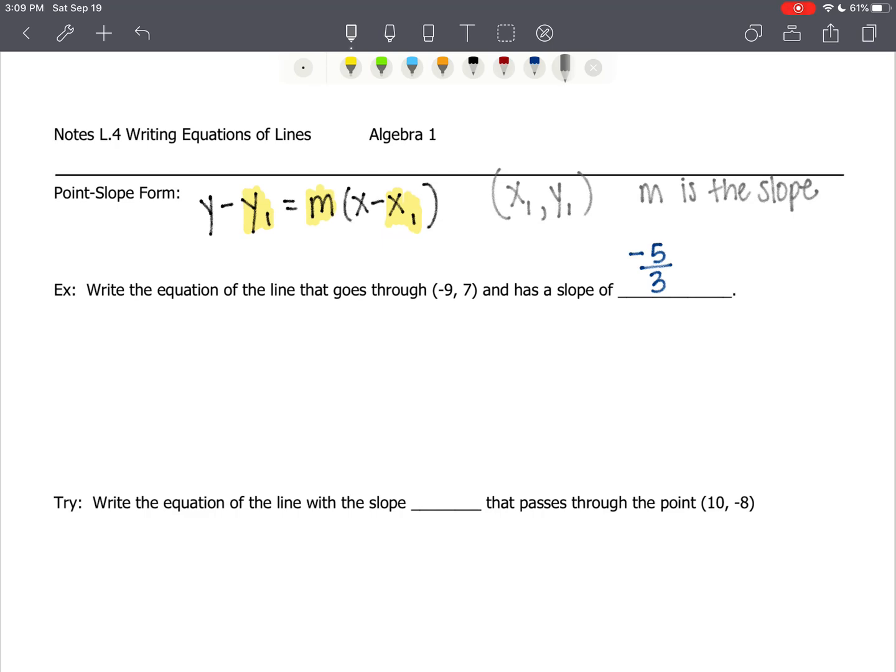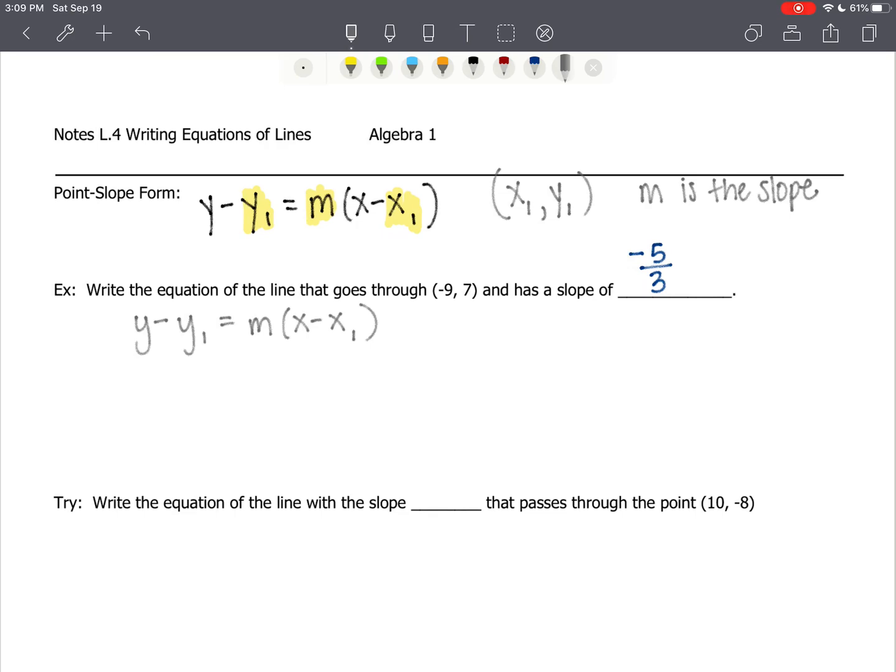So we're going to write the equation of the line that goes through -9, 7 and has a slope of -5/3. So we're going to start by writing our point-slope form. Y minus y1 equals m times x minus x1. When we write that formula down several times, you'll have it memorized.